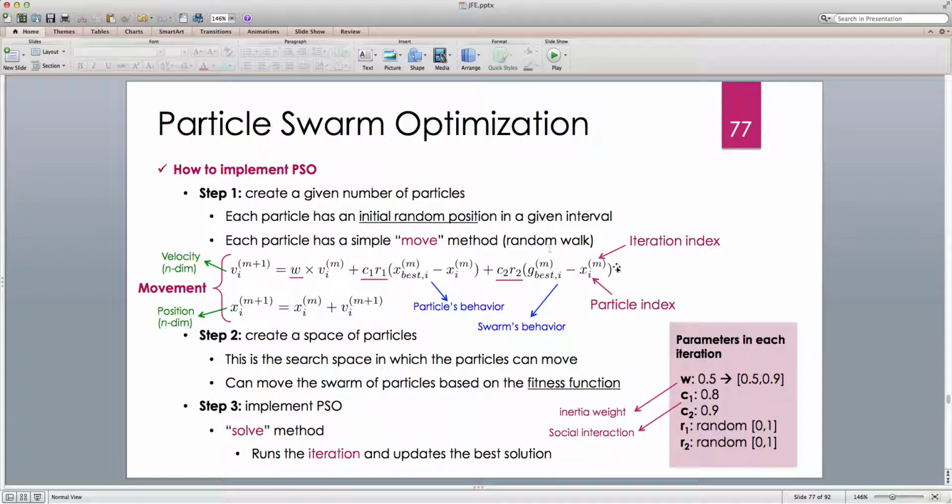The second one is keeping track of the swarm's behavior. So G represents the group and X represents the individual particle. The motion of the particle should be influenced eventually by the behavior of the swarm, right?